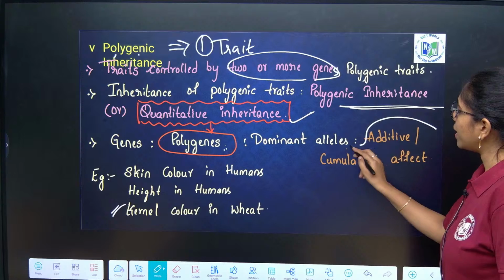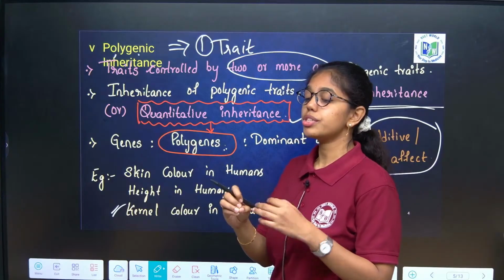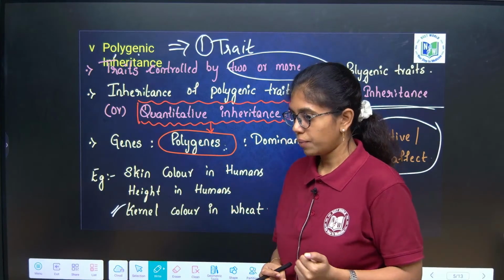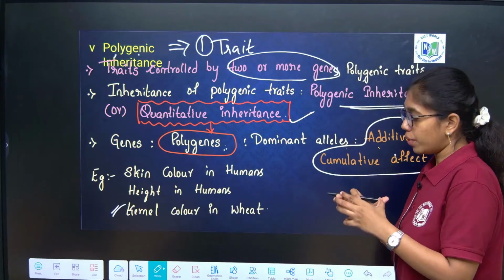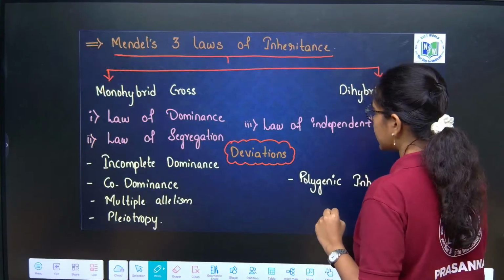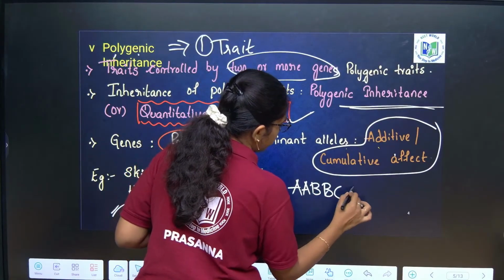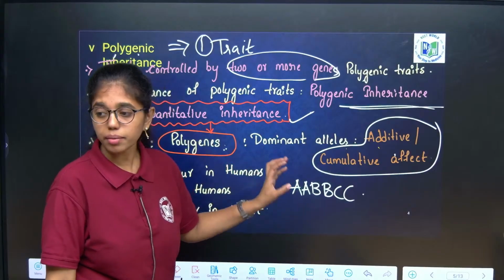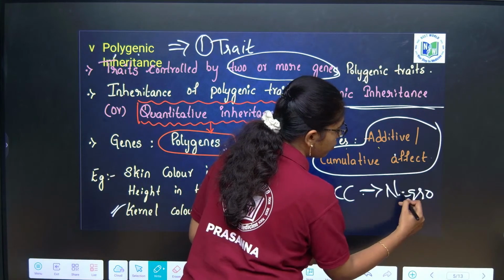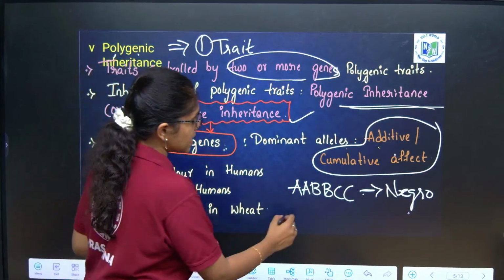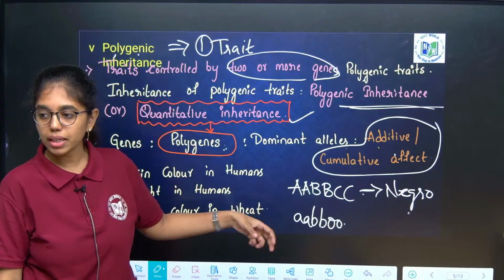Dominant alleles will show additive or cumulative effect. Here, as many genes are involved, there are many alleles as well. Of them, dominant alleles will show combined effect. For example, if we take skin color, if this is the genic combination, this gives complete black color, or Negroes. Whereas this combination will give you completely fair people.